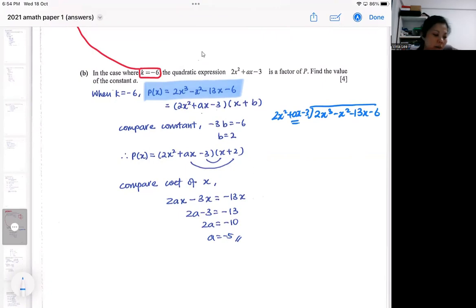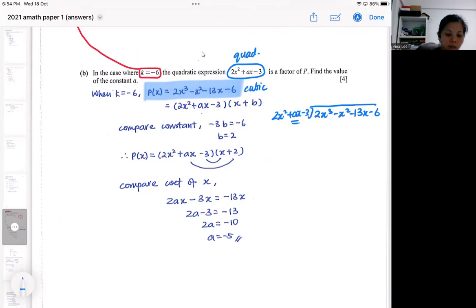In the first place, you need to understand what will be the breakdown of the cubic equation. The cubic equation has this as a factor. This is a quadratic factor, and the polynomial is cubic.